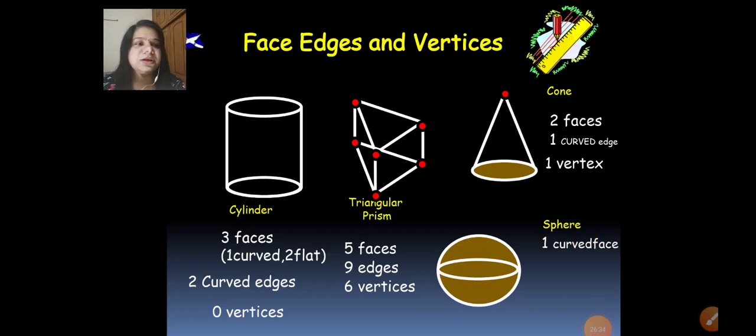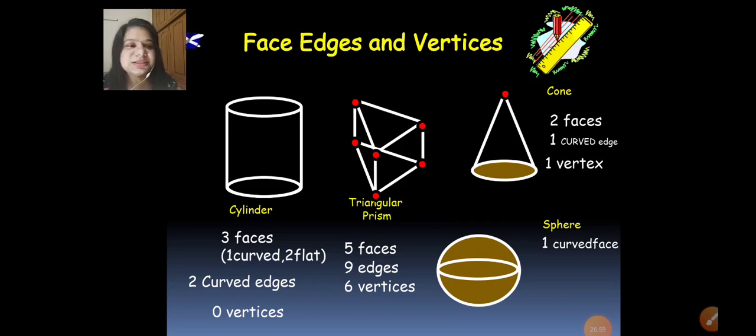For a sphere, overall it is one curved face only. It is not made up of more faces. It has only one curved face, okay. So what are the examples of a sphere? A ball, basketball, or you can remember the sweets.